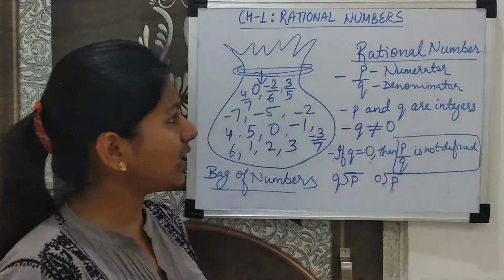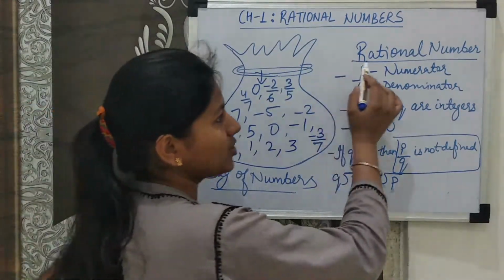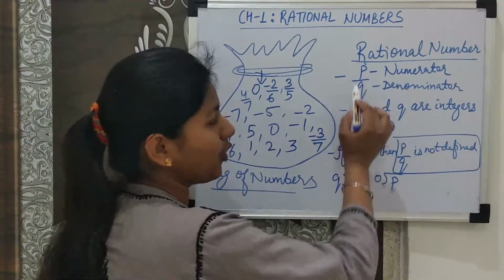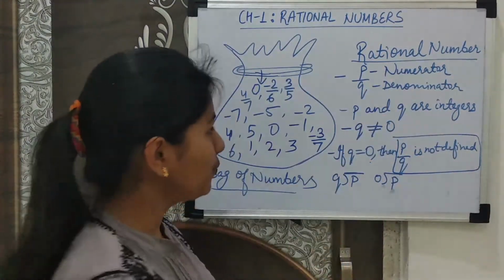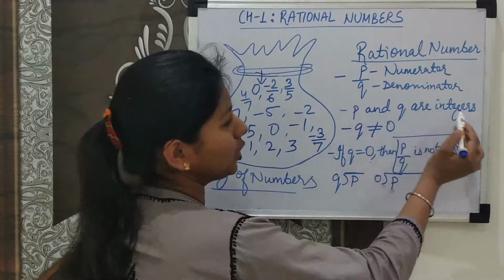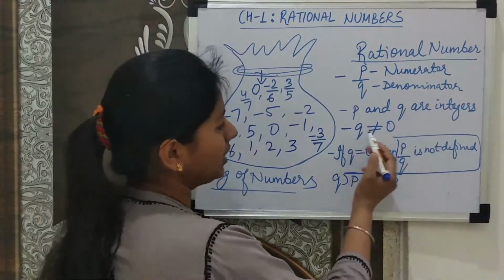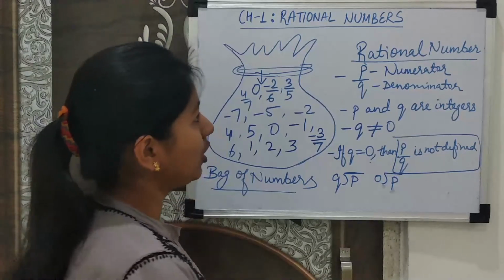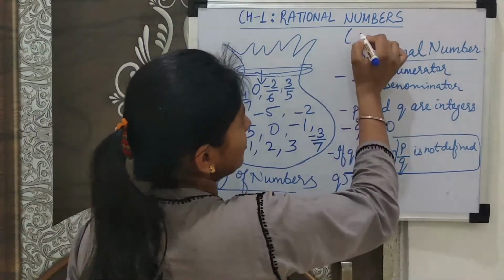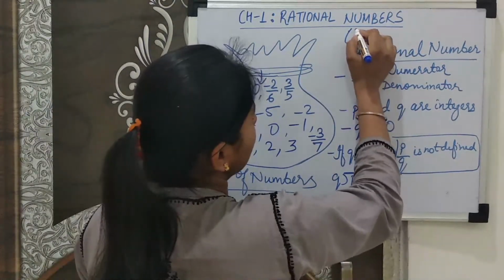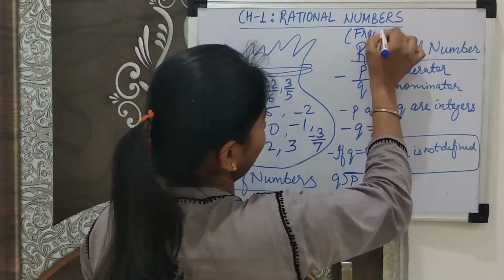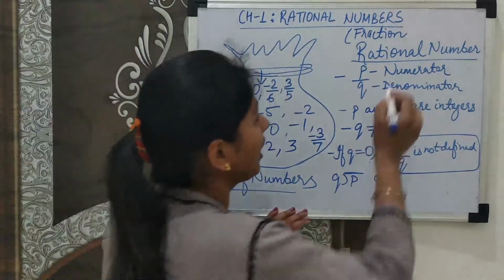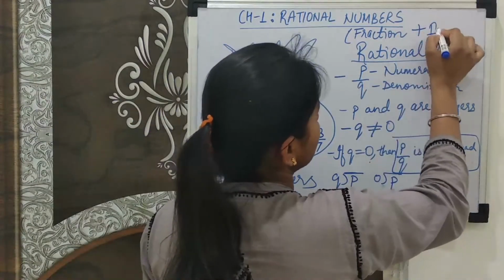In this way, how can we define a rational number? A rational number is a number which can be written in the form of p upon q, where p and q are integers and q is not equal to 0. In short, we can say that a rational number is a combination of fractions, which we have studied before, plus integers.